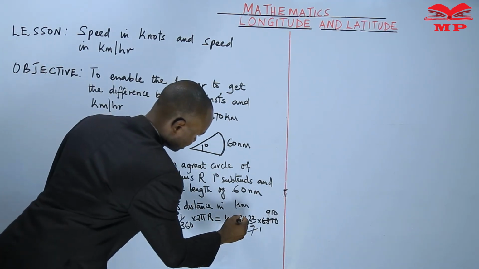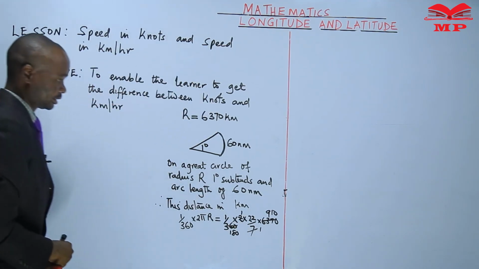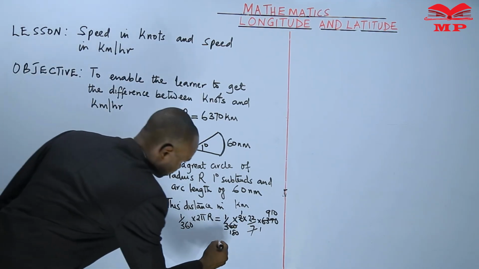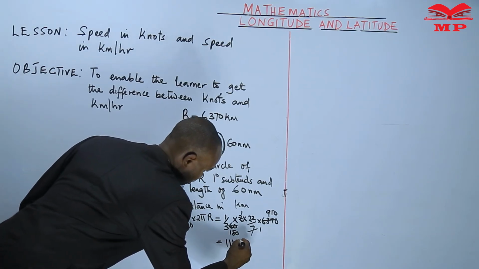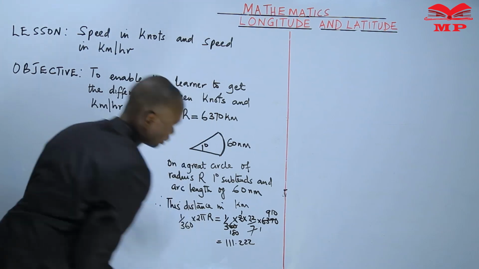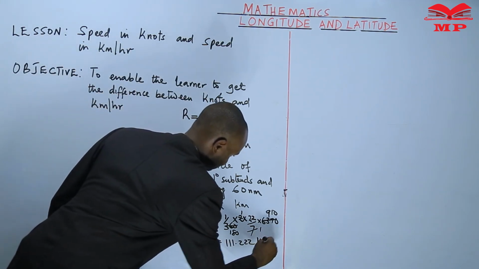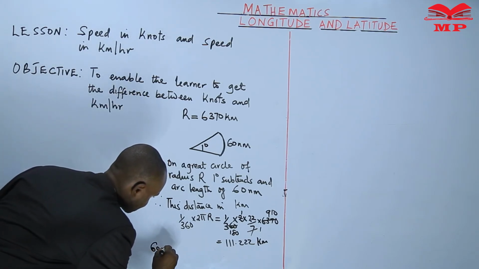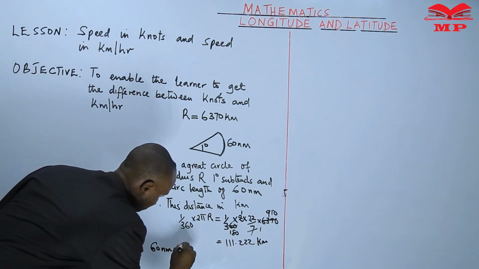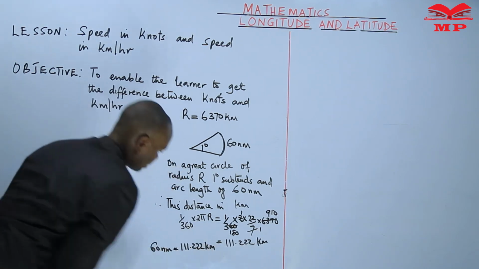2 goes there once, 2 goes there 180. So if you work that out, it will give you 111.222 kilometers. So 60 nautical miles is 111.222 kilometers.